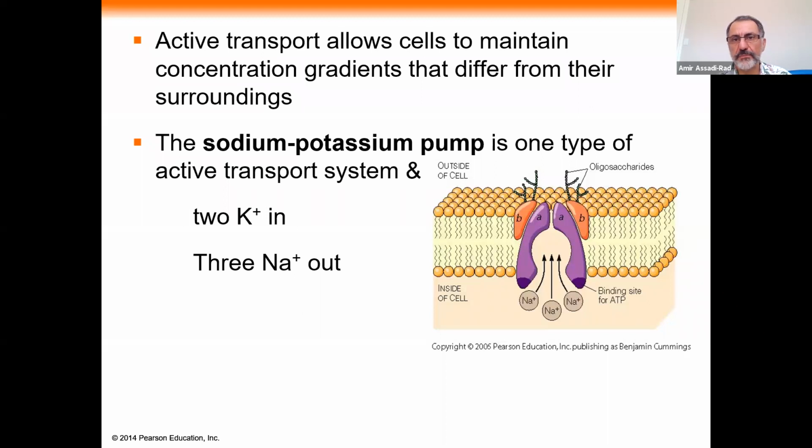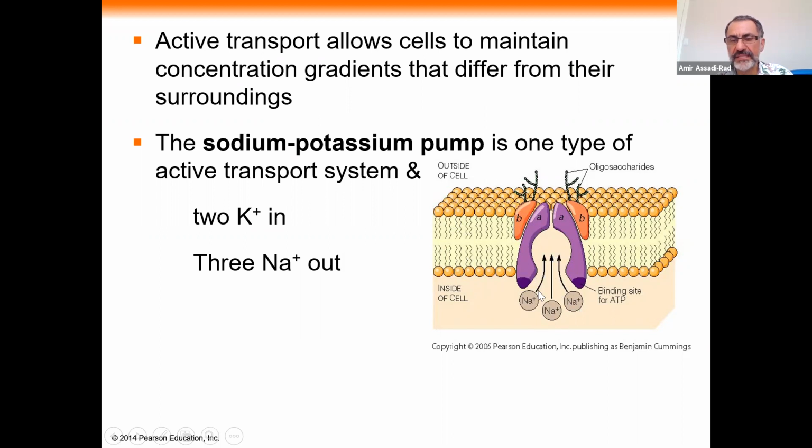With the sodium potassium pump, there are protein molecules involved, and 3 sodium goes outside of the cell, and 2 potassium comes inside of the cell. And eventually the potassium diffuses out through channels to the outside of the cell.